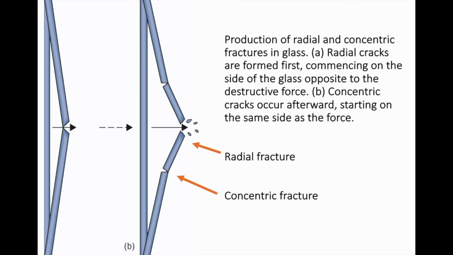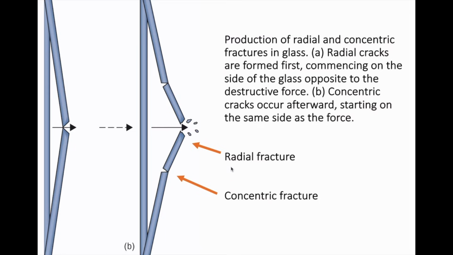So this is a radial fracture. Looking down the edge of the glass, you can tell radial from concentric by looking at how much is missing. If the front side is missing, the side the projectile came from, it's a concentric fracture. If the back side is missing, it's a radial fracture.